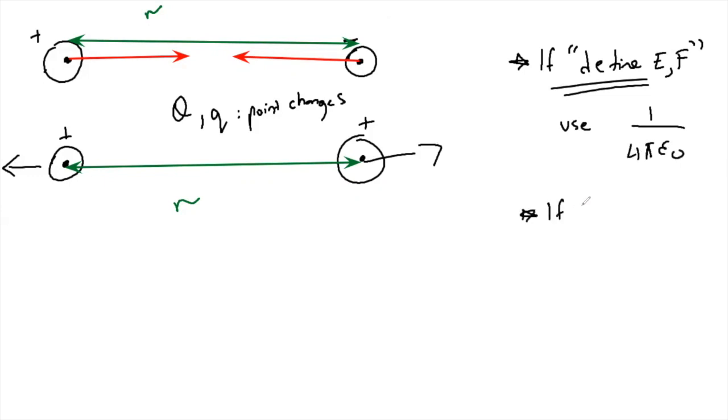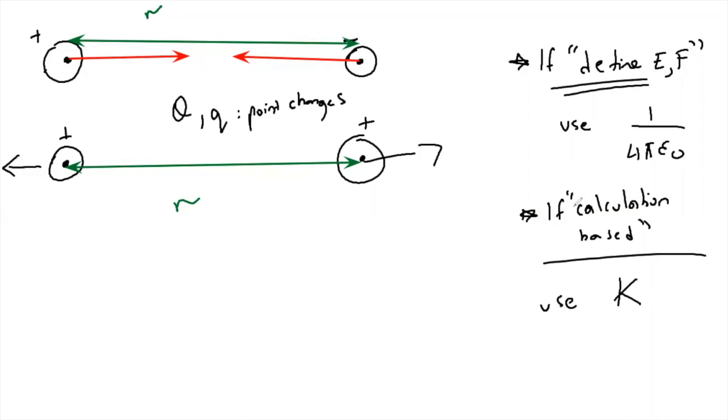But if it's calculation based, use K, right, just for your ease. So K is going to be 9 into 10 raised to the power 9, just like I said before.